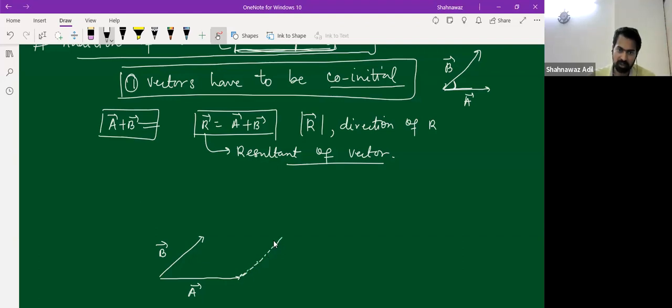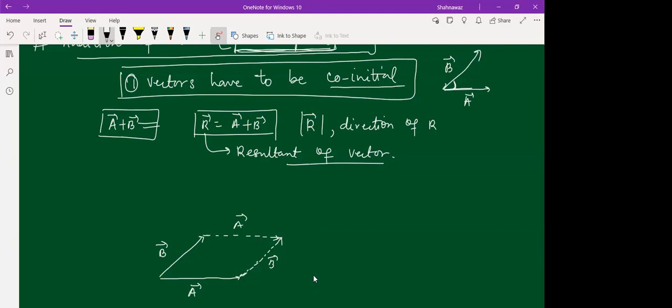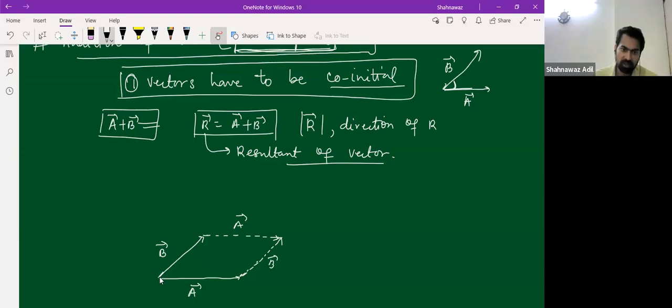And again, at this point, we draw the parallel of A. Now you can see that this is a parallelogram. Whatever is the diagonal will represent the result, which would be A plus B. This is the geometrical representation of a parallelogram. Understood, guys?